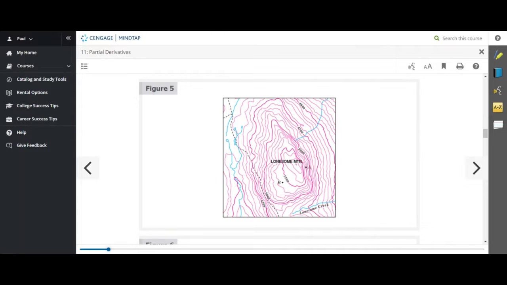Well, you see the level curves show different elevations of Lonesome Mountain. Now notice that when the level curves are kind of close together, what does that tell you about the mountain? Is the mountain steeper or shallower when the level curves are close together?